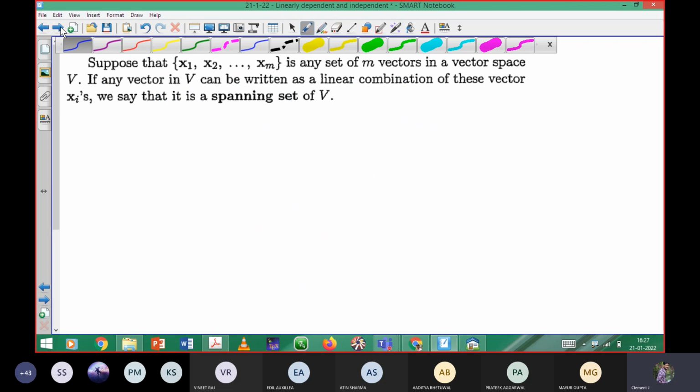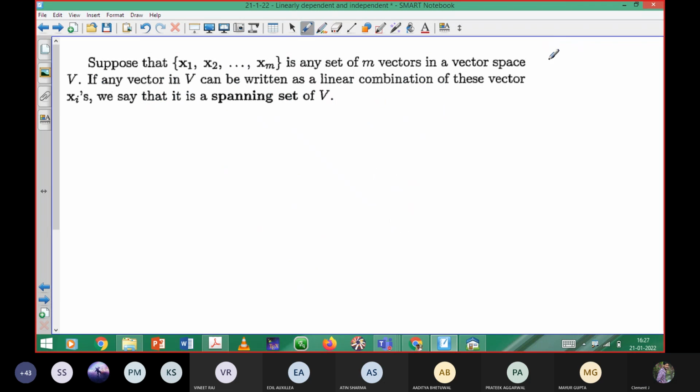In the next session, what we are going to discuss is span. What is the meaning of span? I can complete it with this slide itself. Please listen.